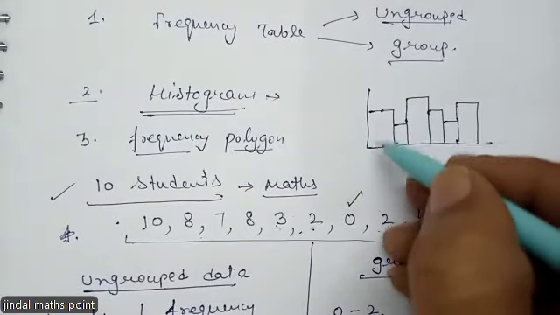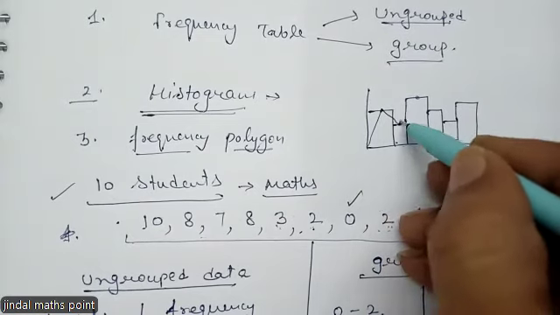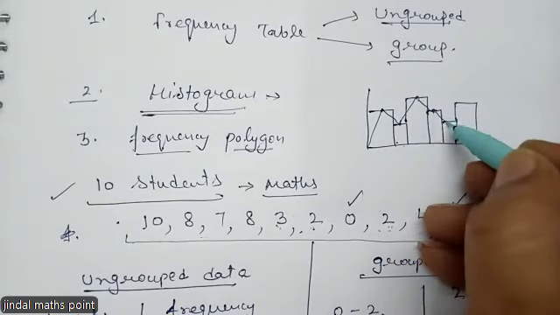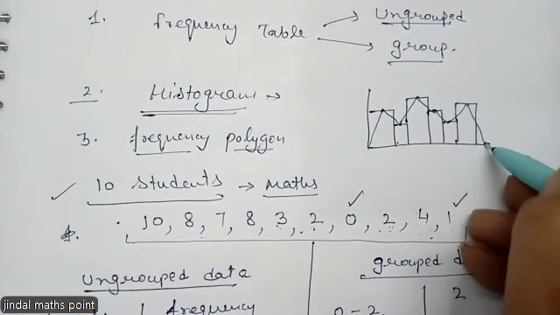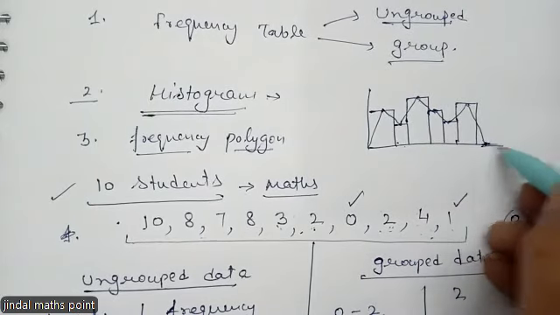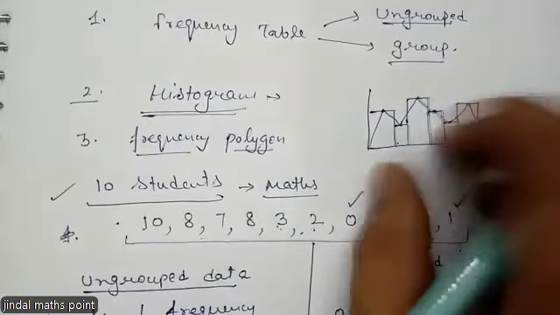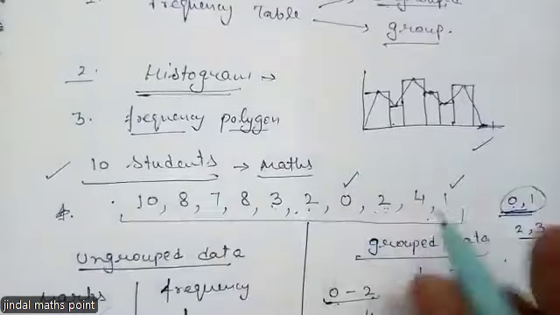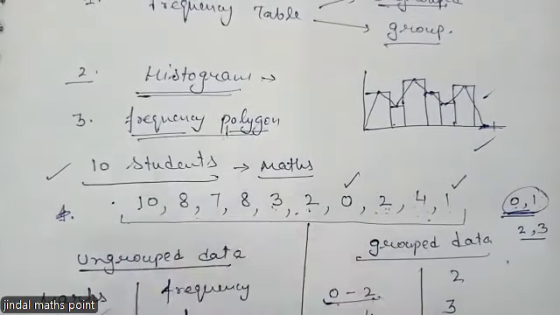We can join the midpoint of each histogram bar with the next midpoint. This is an example, or we can say a short explanation, of a frequency polygon.